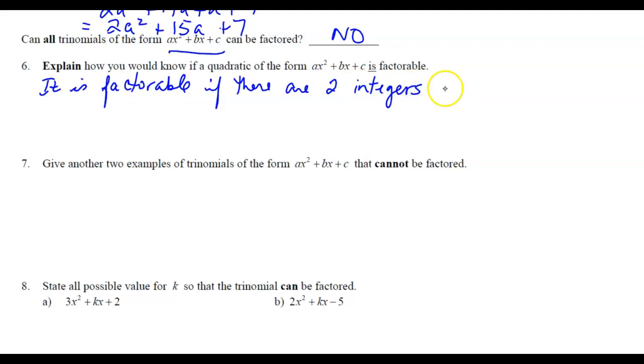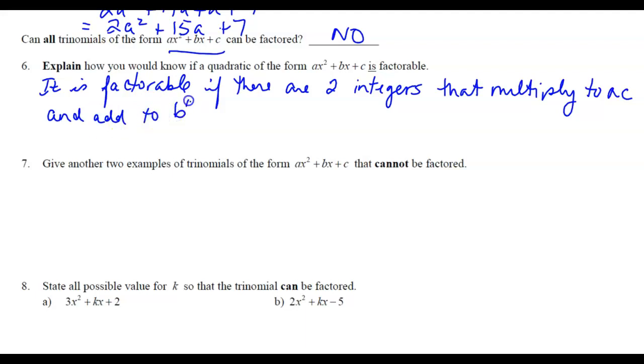If there are two integers that multiply to AC, okay, Miles, stop, and add to B. I'll put little quotations around AC and B.